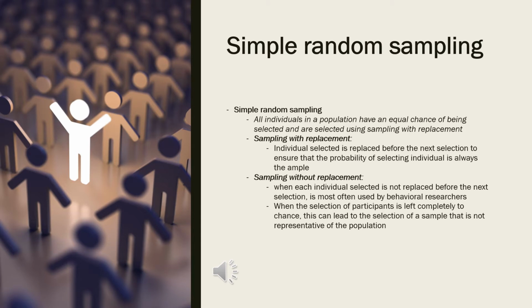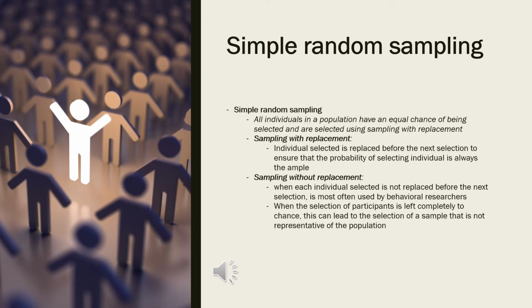All right, so going back and revisiting simple random sampling, we can do this with and without replacement. Sampling with replacement is when we have members of the population that can be chosen more than once for inclusion in the sample. So let's say we have 100 names. They're all written down on a piece of paper. All of those pieces of paper are put in a big fish bowl.